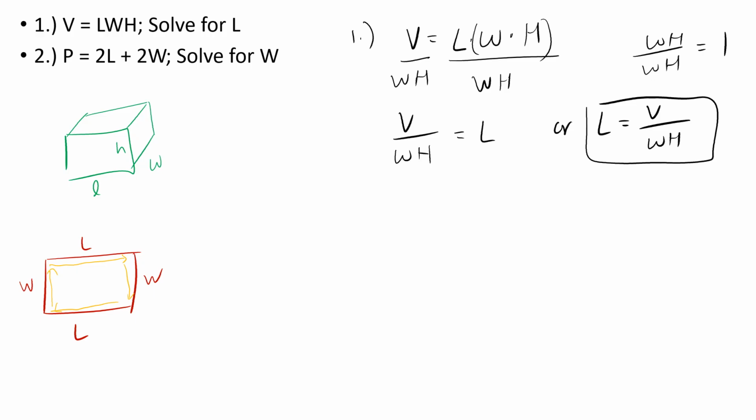You would walk L, and then W, and then the length again, and then the width. That means you are walking 2 lengths and 2 widths. So the perimeter, the distance around the outside, is 2 lengths plus 2 widths. That's where that comes from.